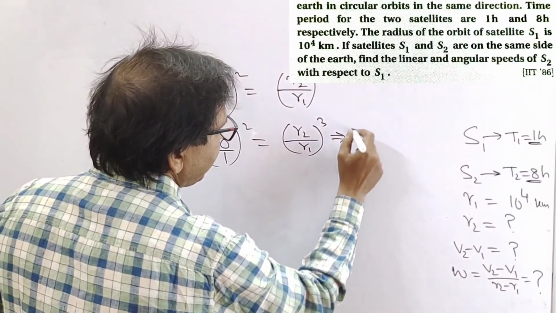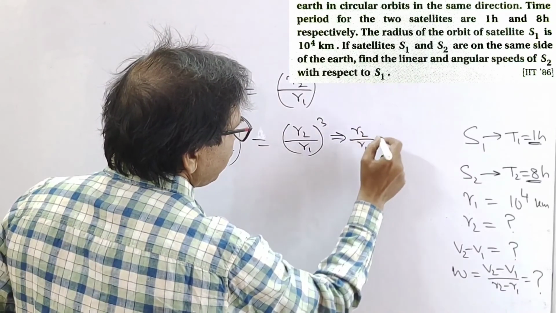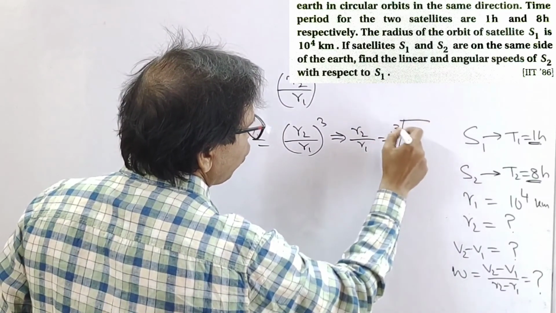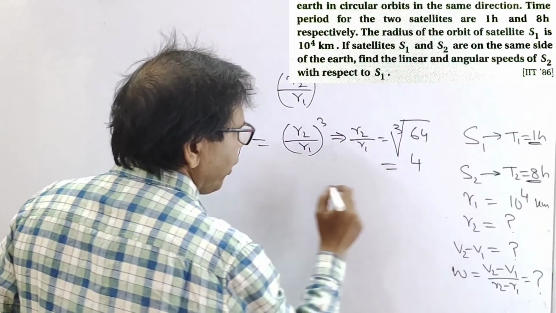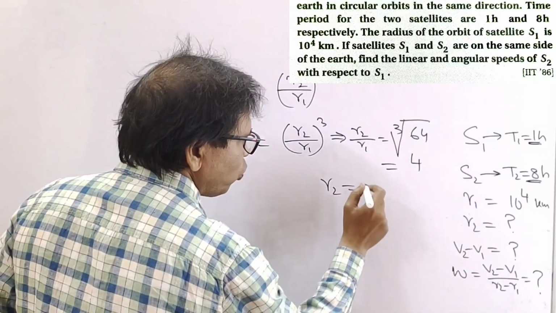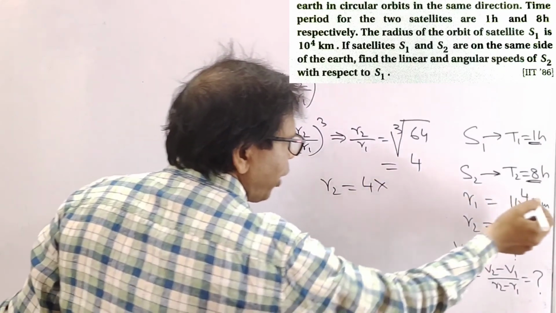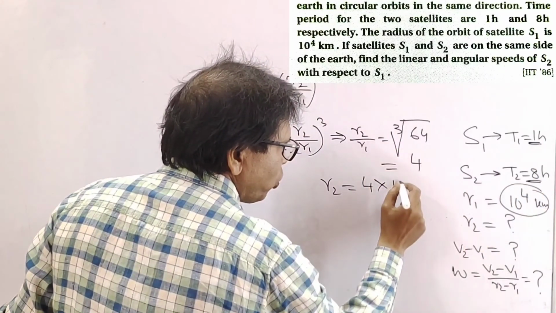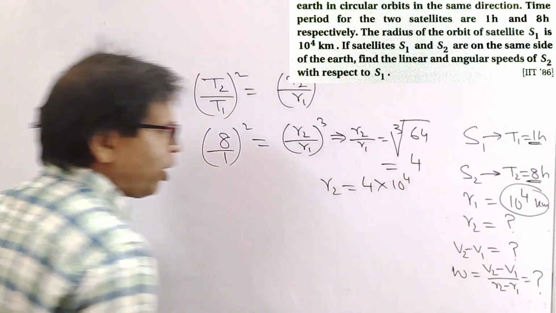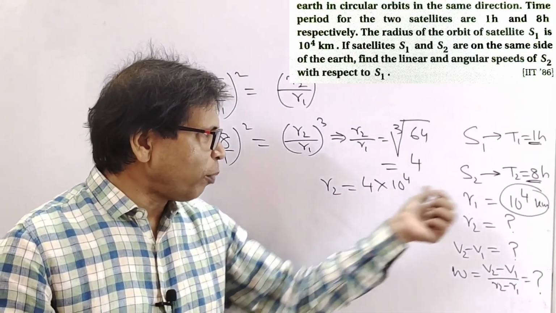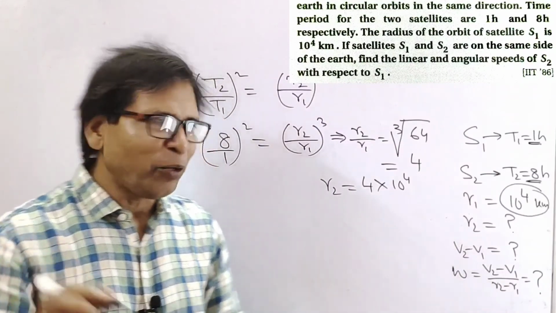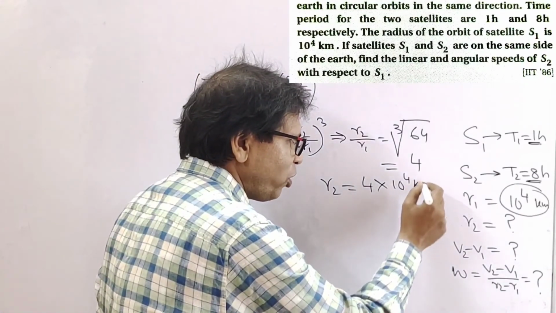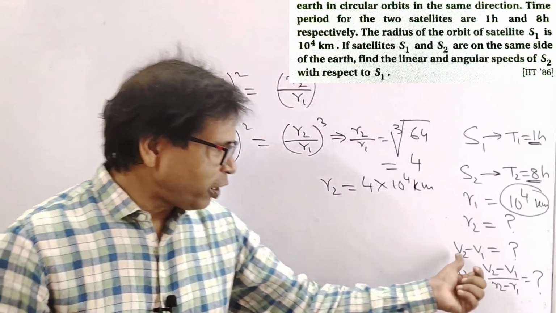So R2 by R1 is the cube root of 64. Therefore this is 4. Therefore R2 equals 4 R1. Now R1 is equal to 10 to the power 4. Therefore the radius of S2 is 4 into 10 to the power 4 kilometer. Okay, understood?